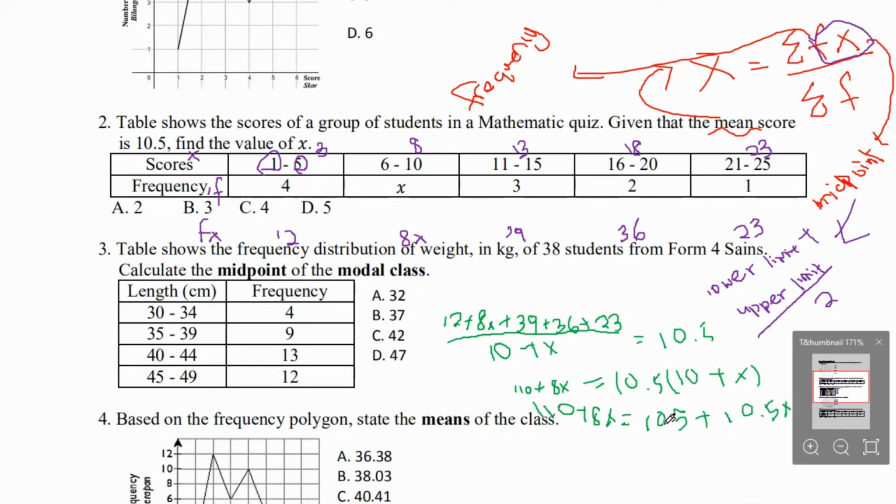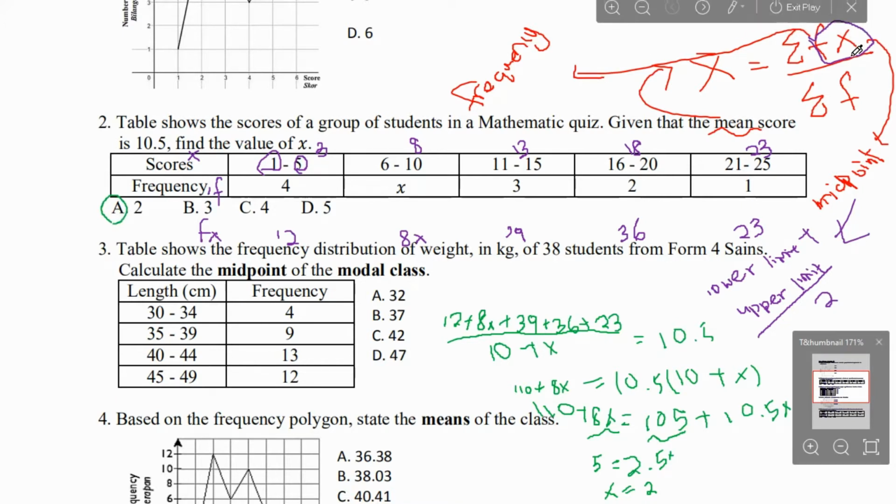Okay, you rearrange. Let's say I bring 8x to the right hand side, 105 to the left hand side, and I will have 110 minus 105, 5, equals 10.5x minus 8x. This is equal to 2.5x. So x equals 5 divided by 2.5 equals 2. So x equals 2, A.